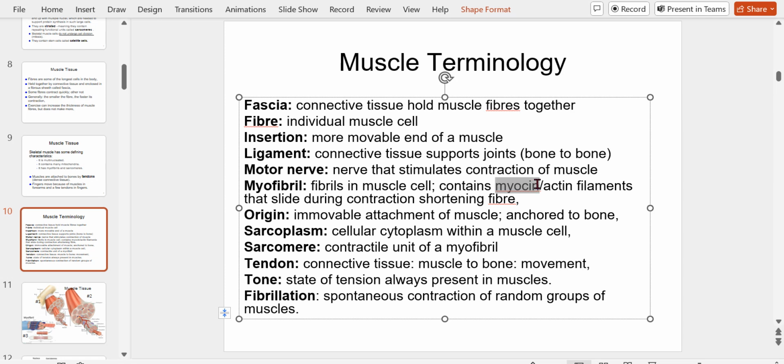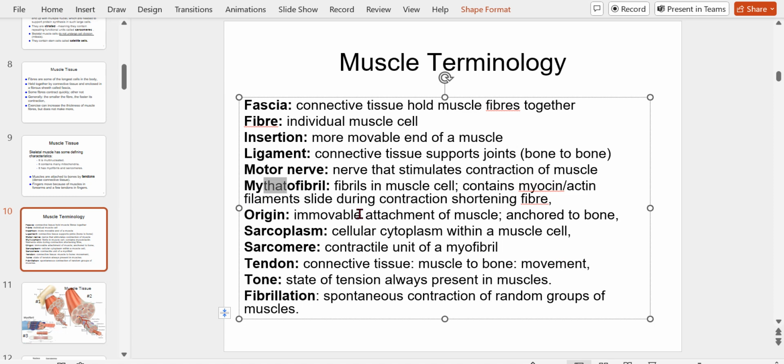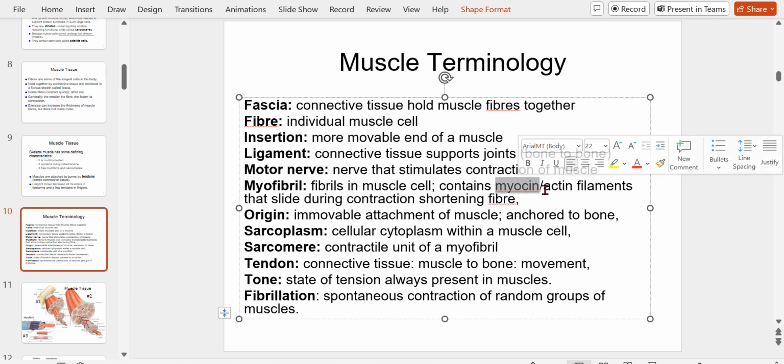Yes, you will have to know myosin is a thick filament. Actin is a thin filament. You're probably thinking, what is he talking about? It's all good. We're getting there. These thick and thin filaments slide across each other, and that is what makes muscle contract. It shortens because these little filaments move across each other.